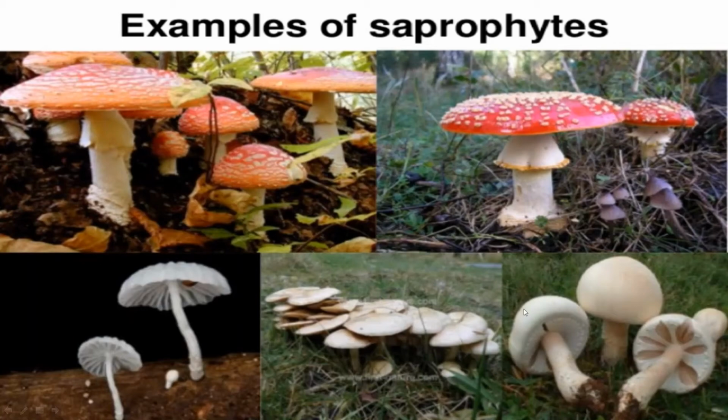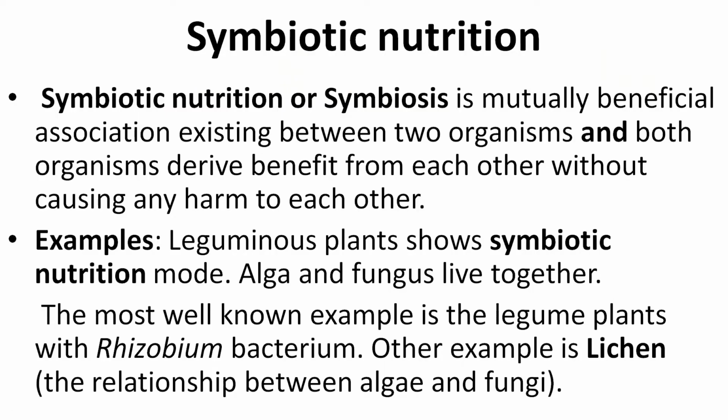So, moving to the next mode of nutrition, the symbiotic mode of nutrition. This is a very, very interesting mode of nutrition. Why? Because here the two organisms live in a mutually beneficial association, like a friendship type of relationship, where an adjustment is done between the two.